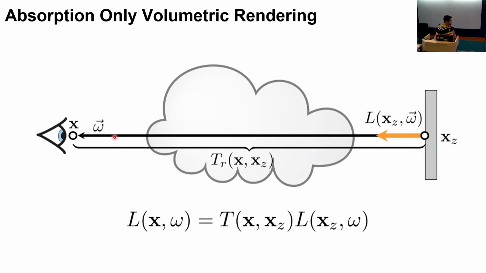So you can write that the light coming to x from direction omega is the transmittance of x comma x_z, which is this medium, times the luminance of x_z and omega. For example, if this is a completely opaque surface, then there will be no luminance here, although luminance is coming from some direction. If it is completely transparent or there is no volume density there, then the luminance that you see here will reach here.